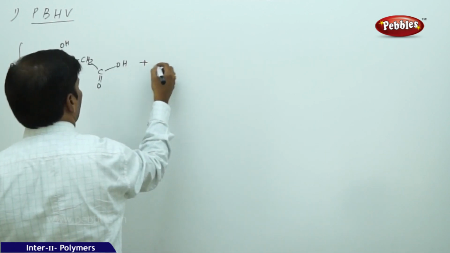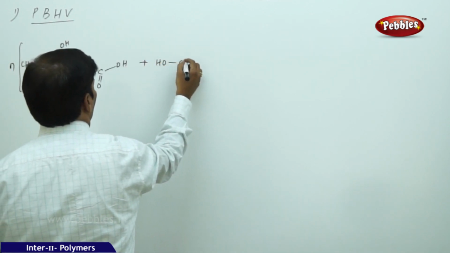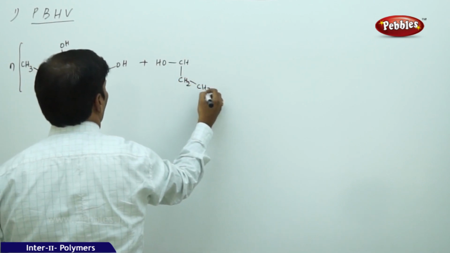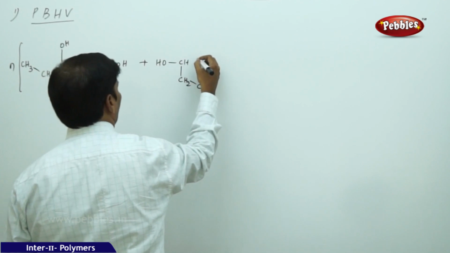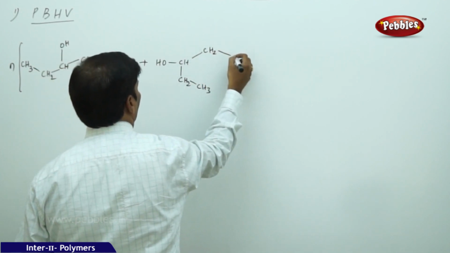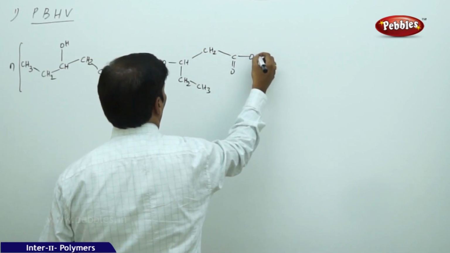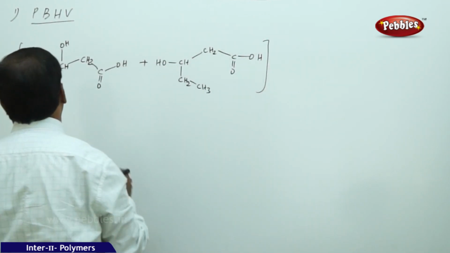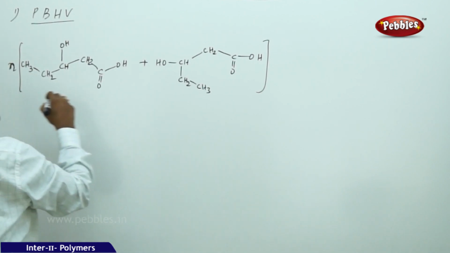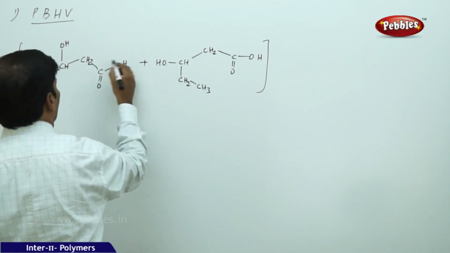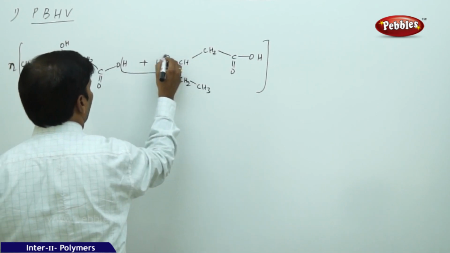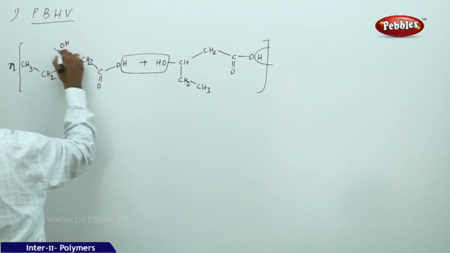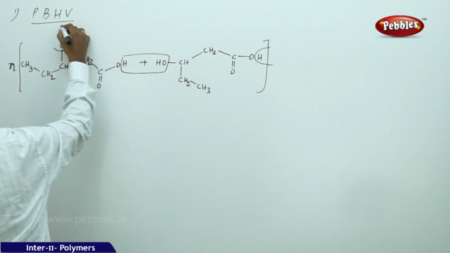Again you add OH of CH of CH2 CH3 CH2 of carbon double bond of OH, n number of molecules. So here, mind you, we are taking n number of molecules and subjecting them to polymerization, because this is a carboxylic acid. From here we are removing the proton, and again this is a carboxylic acid, I am removing one more proton and one alcohol from here.